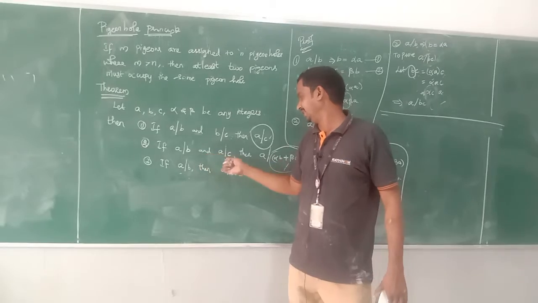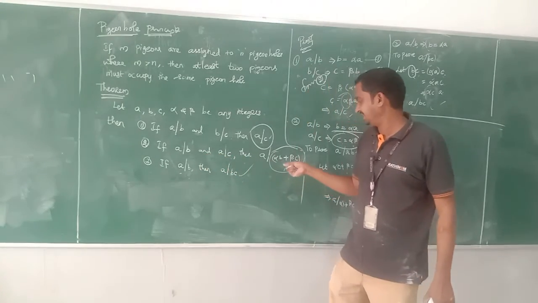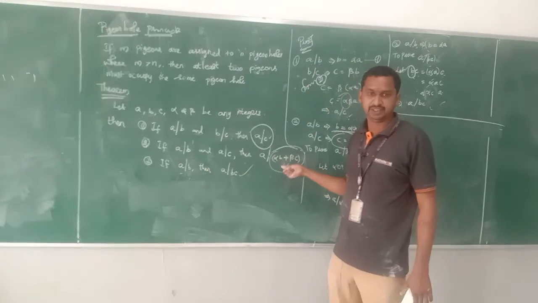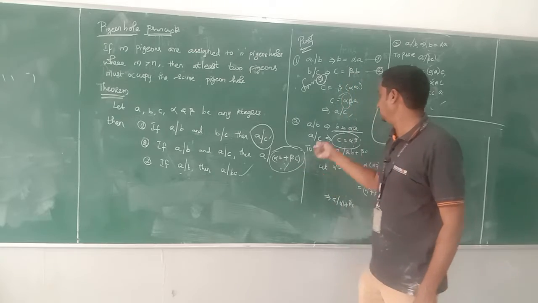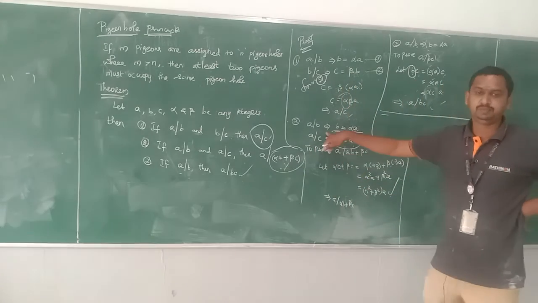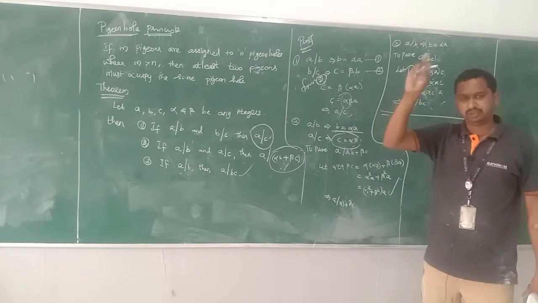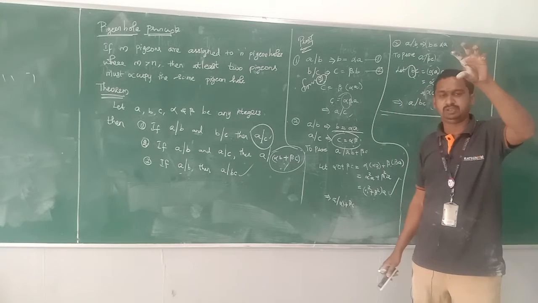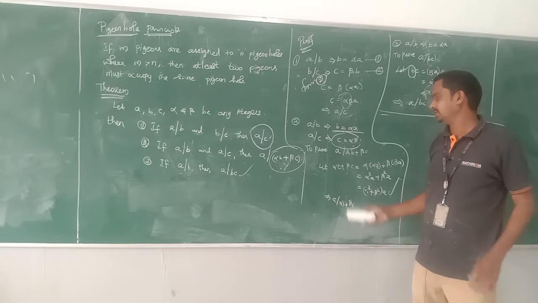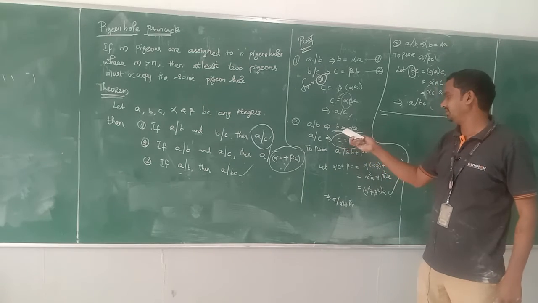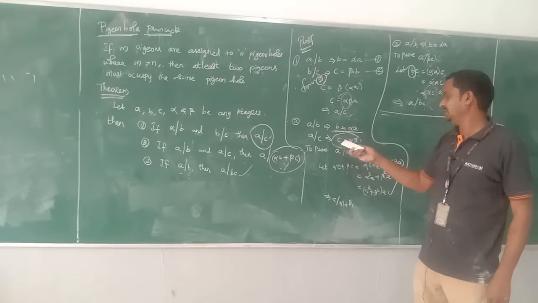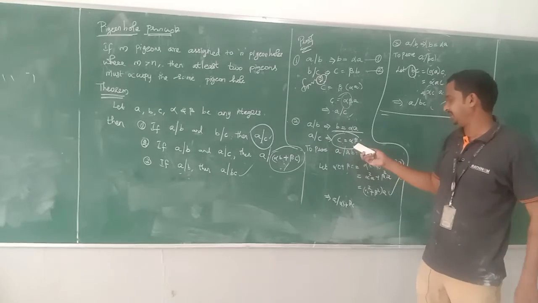If a divides b and a divides c, then you have to prove a divides alpha b plus beta c. If a divides b, then b equals some positive integer times a, so the first condition is alpha and the second condition is beta: b equals alpha a, c equals beta a.